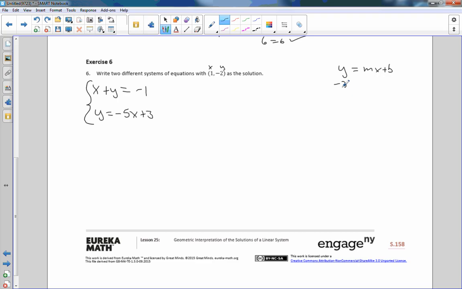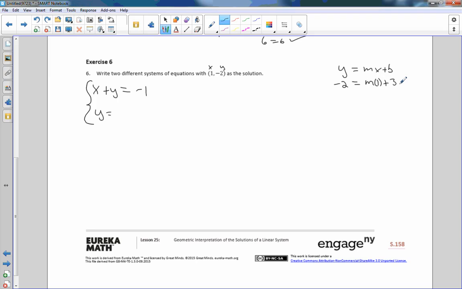If y is negative 2 and x is 1, then what is my linear equation going to be? Okay, so if I make y negative 2 and x 1 like this, I need to come up with an equation that would be true. So let's just make b 3. Let's try this again.